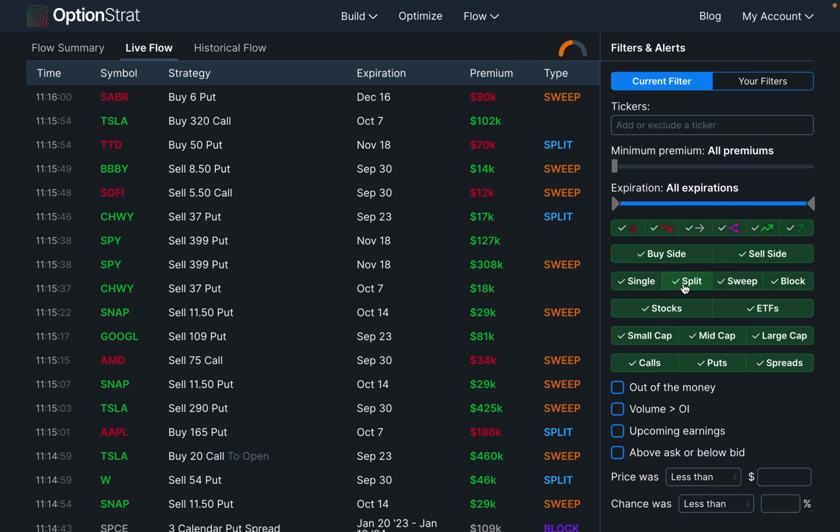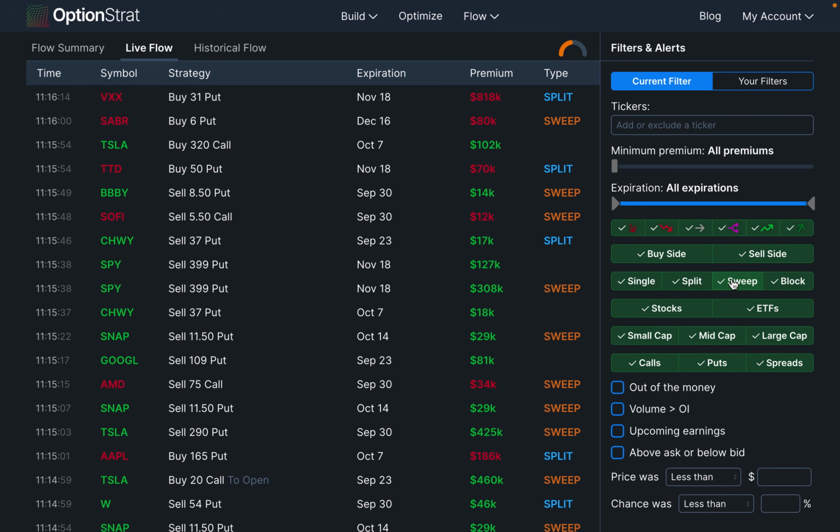That's what split means. Now sweep is also where orders get executed. Multiple different orders are getting executed, but they're getting executed across multiple different exchanges at once, right?